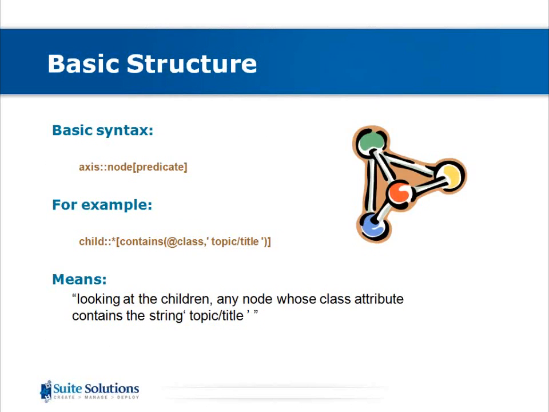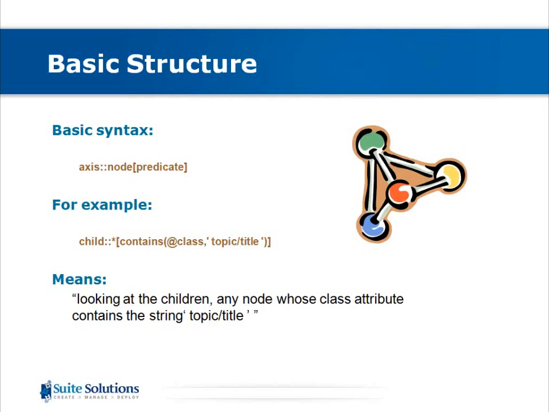The basic syntax of XPath, as you probably know already, is what you see in front of you: axis, colon, node, and then brackets, predicate. Looking at an example, if you're sitting in a topic and you want to look at all the children nodes that are titles, you would, for example, say child, colon, star, open brackets, contains, @class, quotes, topic/title, close quotes.